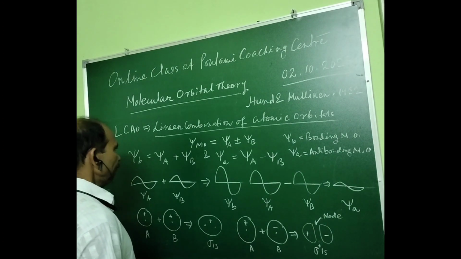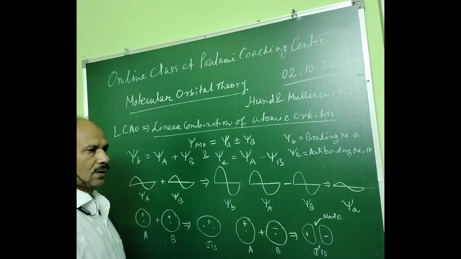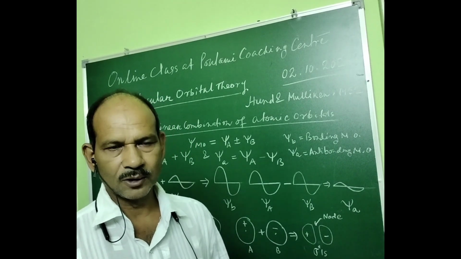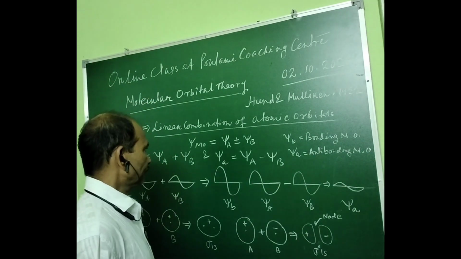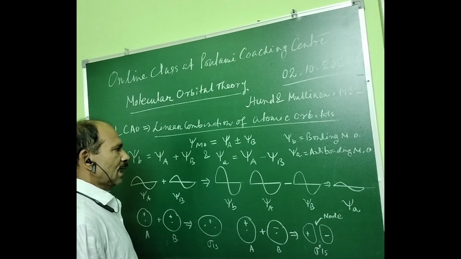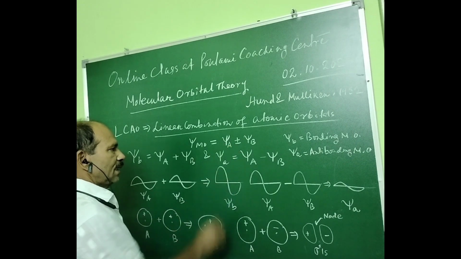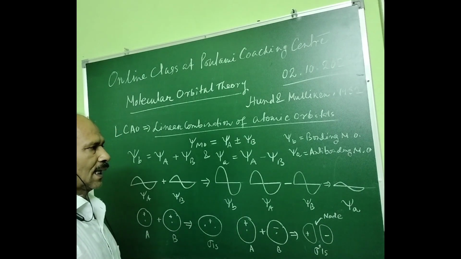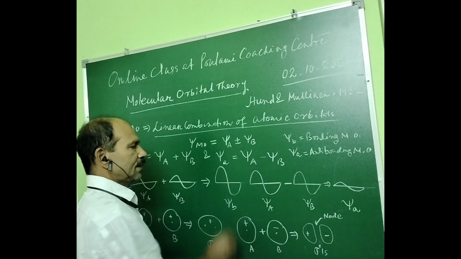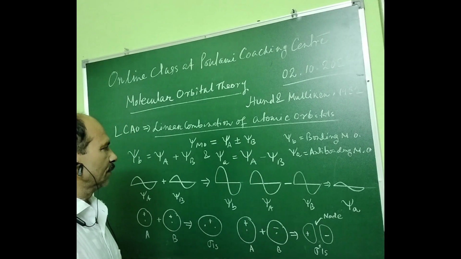If we combine two atomic orbitals of hydrogen atoms, suppose one atomic orbital is represented by wave function psi A and another by wave function psi B. That is, psi A for atom A and psi B for atom B.